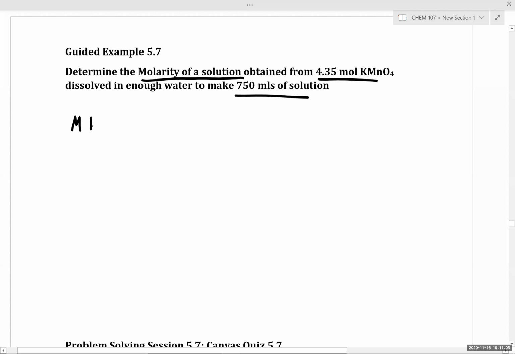So the molarity of potassium permanganate is defined as the moles of potassium permanganate over the total volume in liters of the solution. So then if we have 750 milliliters, we're going to need to convert this to liters.